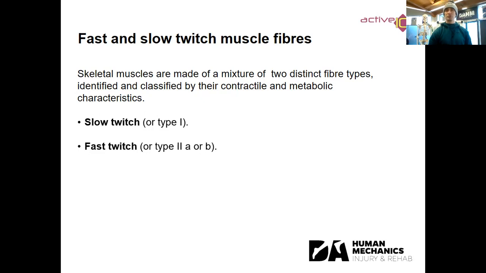And this is really important to know, because when we're working with athletes or just general populations, it's important to know or to have an educated guess about levels or proportions or ratios of fast twitch and slow twitch.